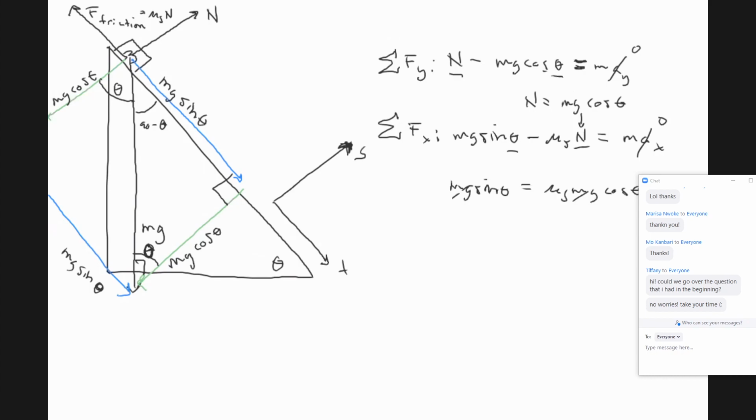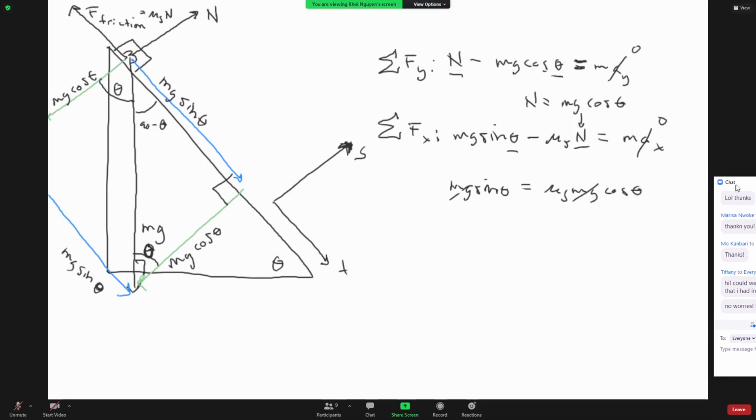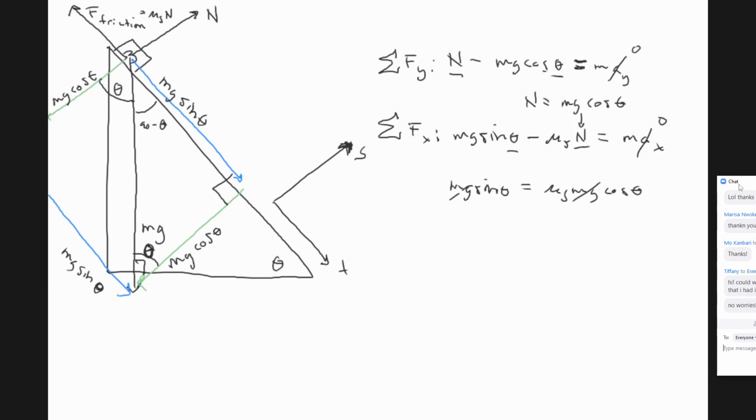Cancel out the mg. Divide both sides by cosine. Sine over cosine is what? Tangent. Tangent is equal to mu s. So theta is equal to the arctangent, or inverse tangent, of mu s. So that's what we're solving for, right?